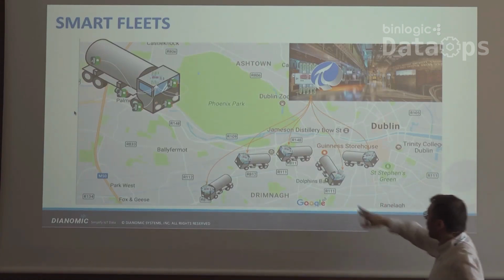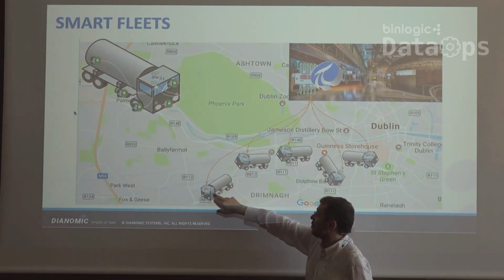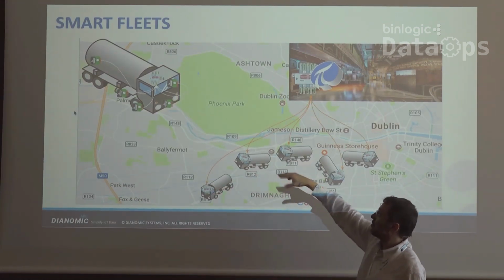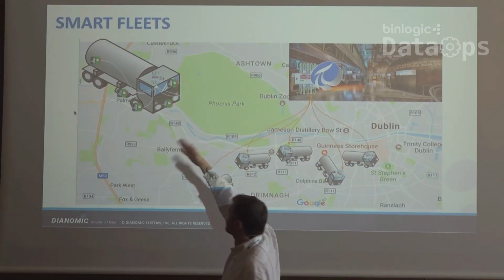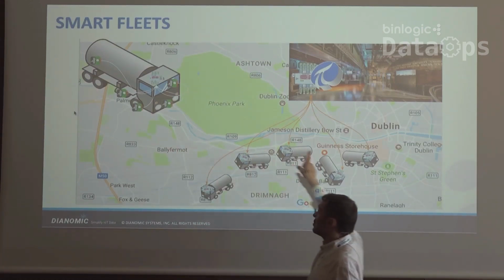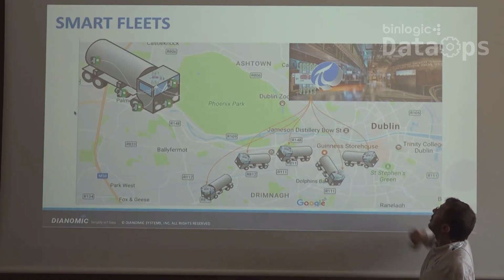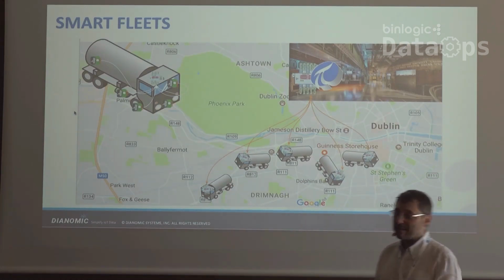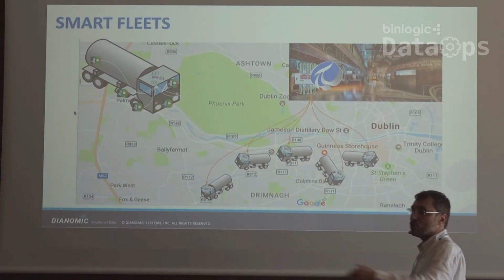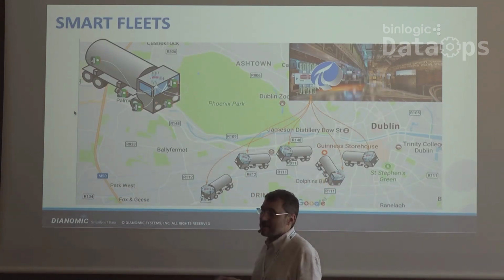FogLAMP is running on every lorry and collecting information, for example, the status of the vehicle and also the geolocation. That can go up to the main headquarters, and perhaps also send back instructions like, hey, you should move these things and maybe change route.